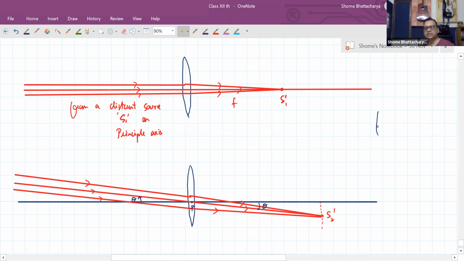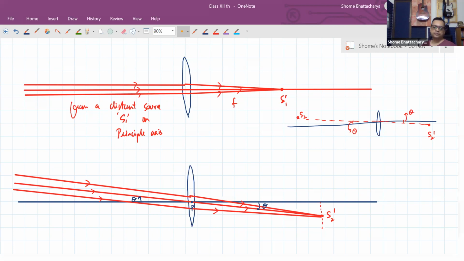So that is why we say that if we have an object which is over here, its image will be formed somewhere here, where this angle will be the same as this angle. Is this clear, Shreya?